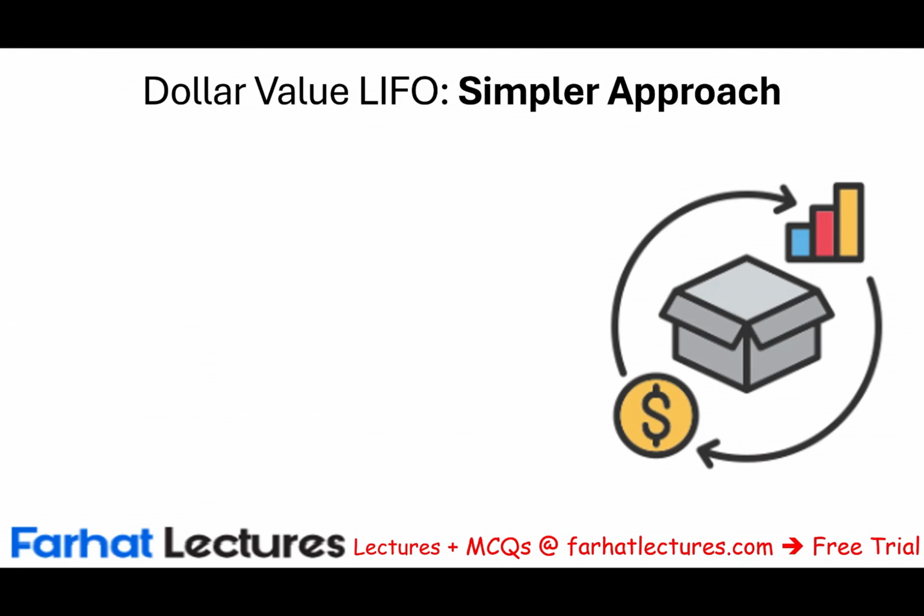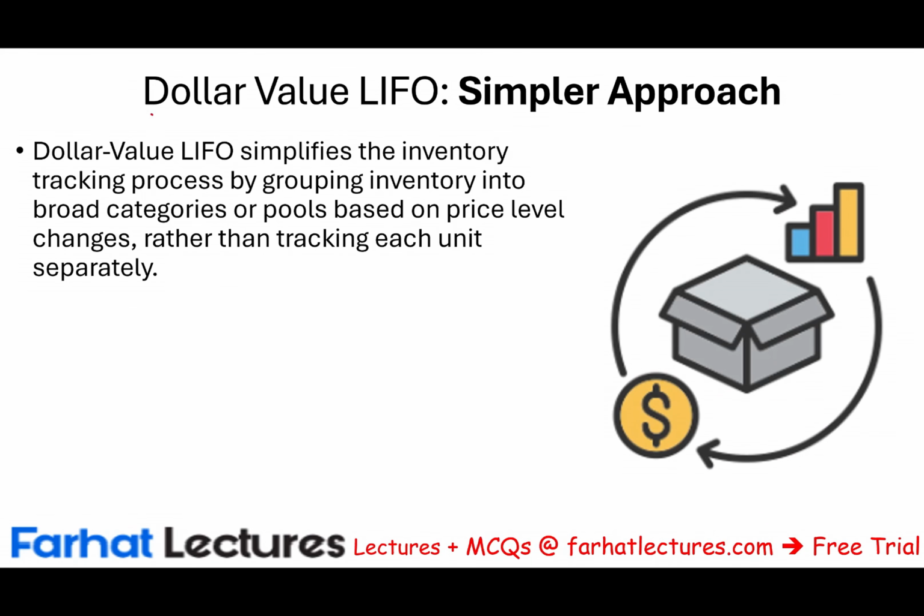Dollar value LIFO is a dollar value amount. We are keeping track of the inventory using a dollar amount. It simplifies the inventory tracking process by grouping inventory into broad categories or pools based on price level changes rather than tracking each unit separately. So when I track my inventory, I don't track it per unit, I track it per pool or per category.